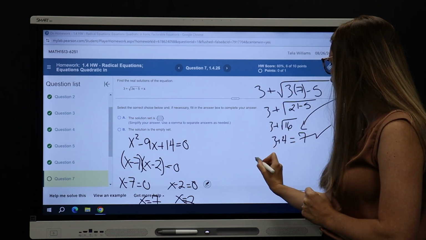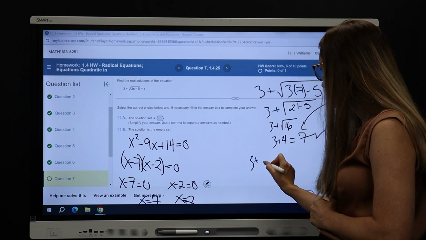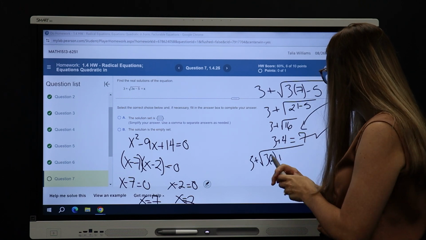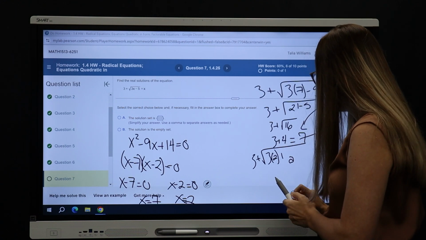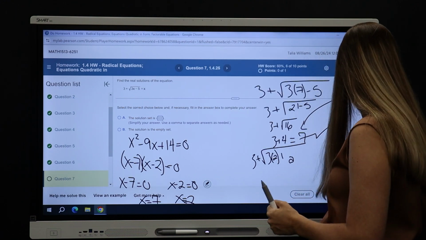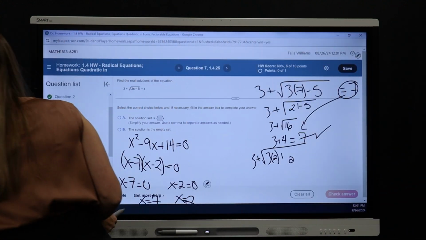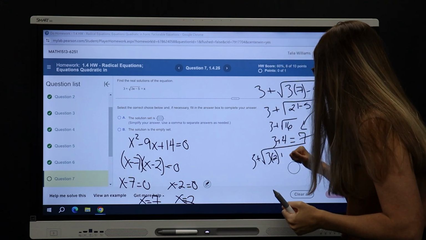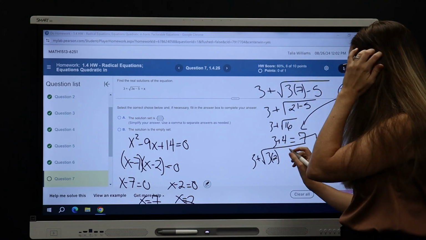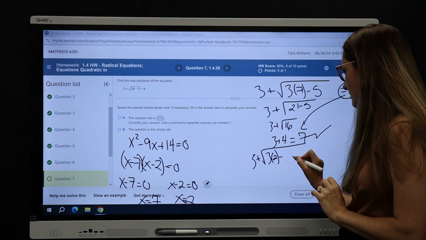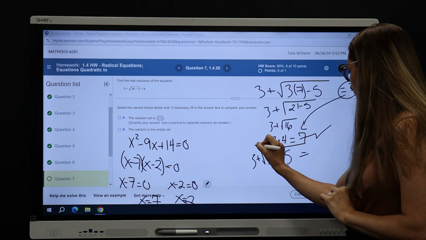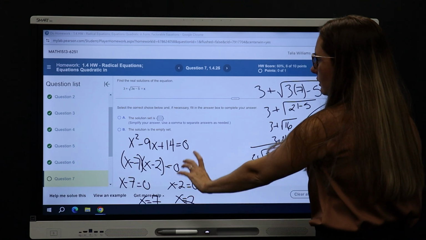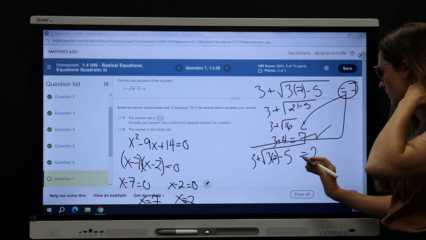Then we're going to have our 3 plus the square root of 3 times 2. It's minus 5. I don't know where the actual eraser is. 3 times 2 minus 5 equals, and this is the other problem, equals 2, because we put 2 in for our x in this equation.